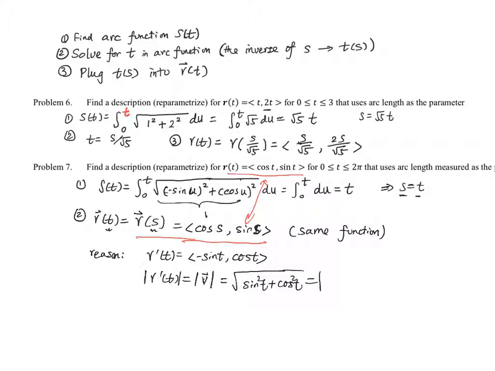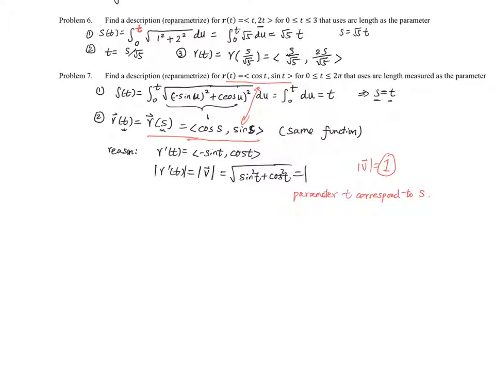Now if you remember, whenever this equals 1, we say the parameter t corresponds to arc length s. So this is exactly the case. And when this happens, for every unit of time elapsed, the arc length also changes by 1 unit. So that's what that means.